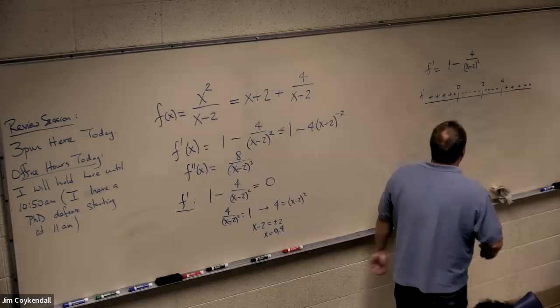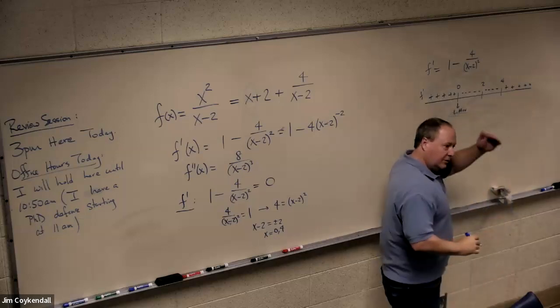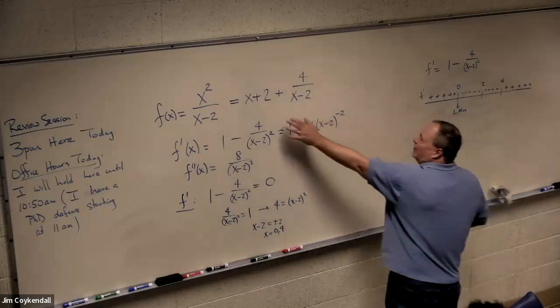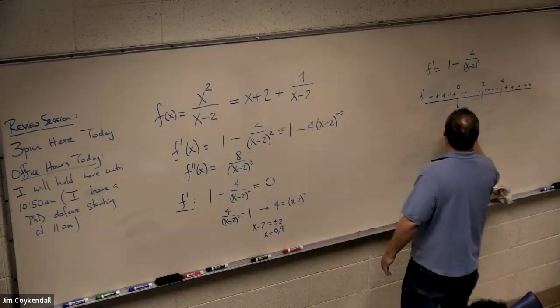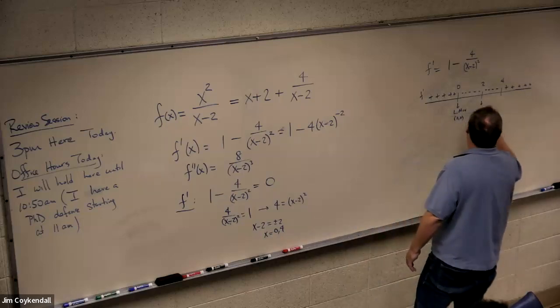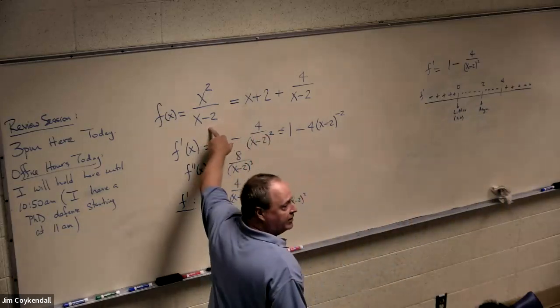Now, what happens here? This is a local max. Right? It goes up, and that should occur at 0, 0. At x equals 2, this doesn't exist, so it's not an extremum.